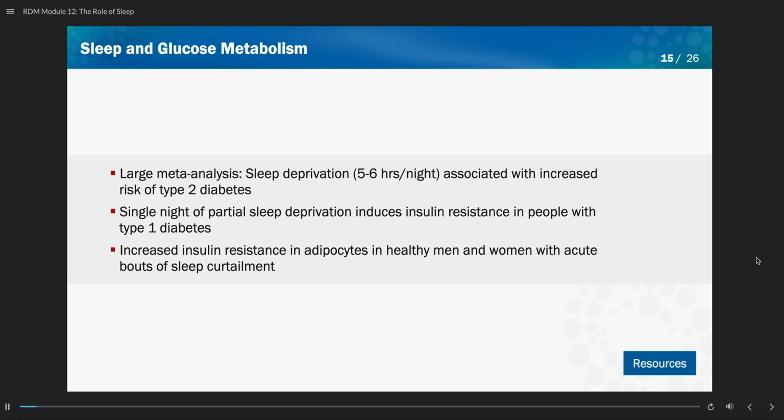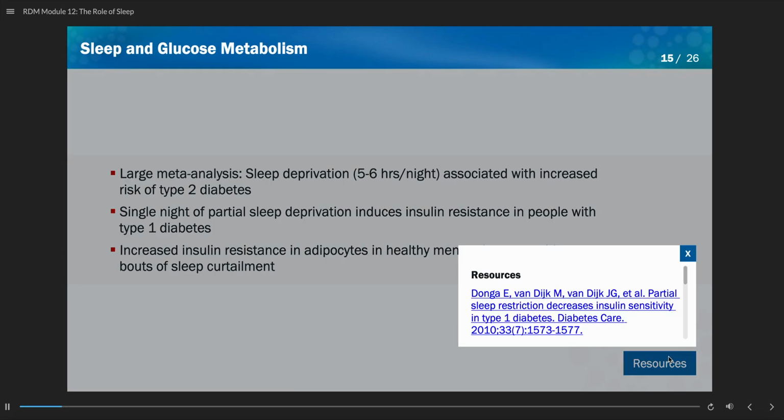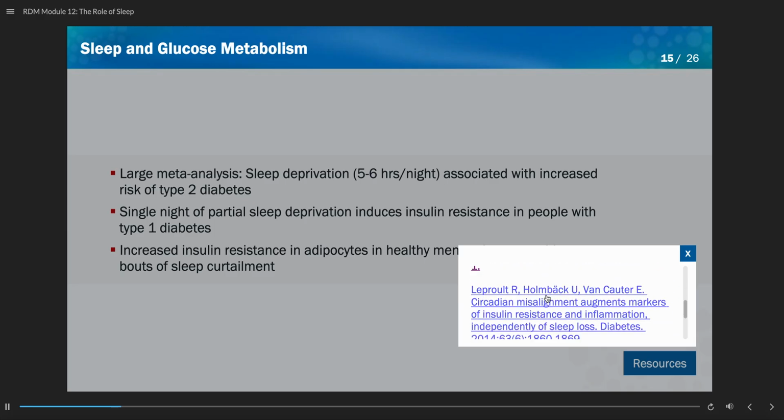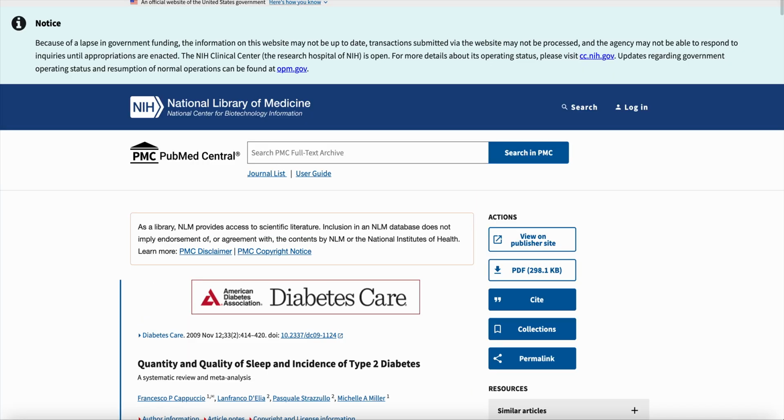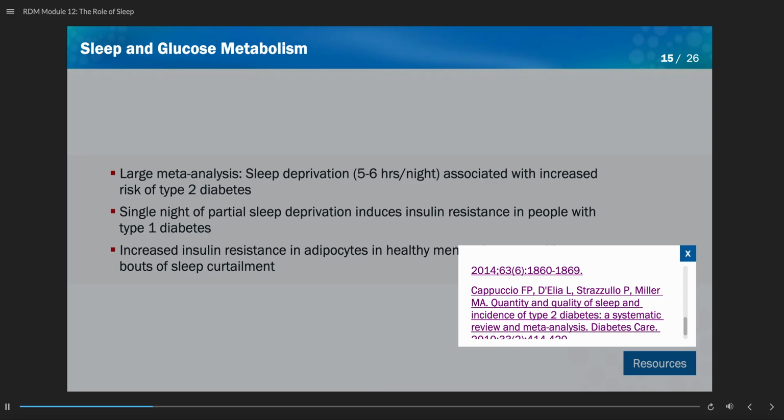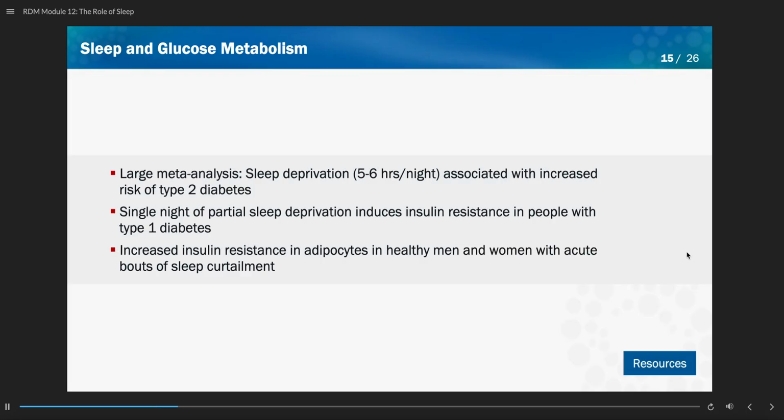So if we step back also and look at the association between sleep and glucose metabolism, we can see from some large meta-analysis studies that a sleep deprivation of 5 to 6 hours per night was associated with an increased risk of diabetes.